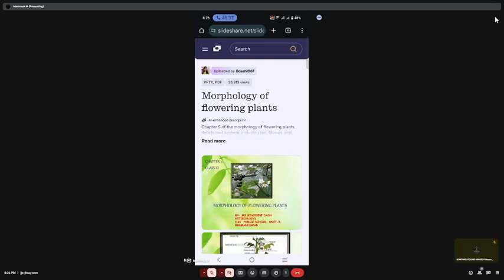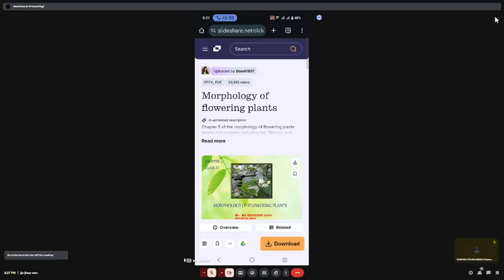Can you give me an example, which plant has both the stilt root and the respiratory root? Rhizophora. They have both the respiratory roots and also the stilt roots present. Okay?